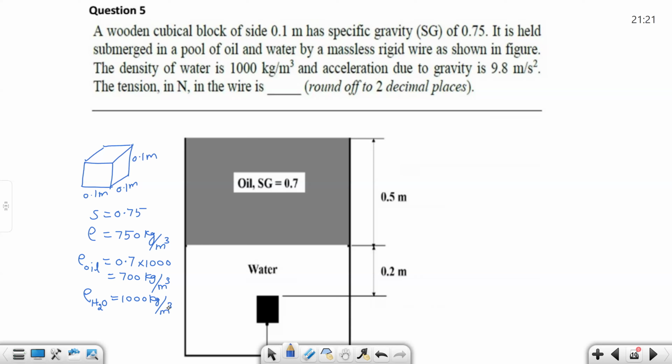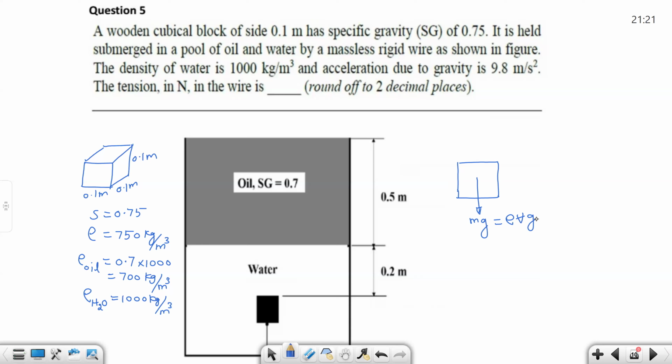So if you take the free body diagram of the mass, the mg will be acting downward. M is the mass, which will be the density into volume of the object, into g.